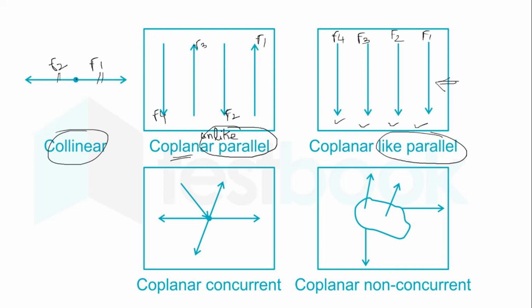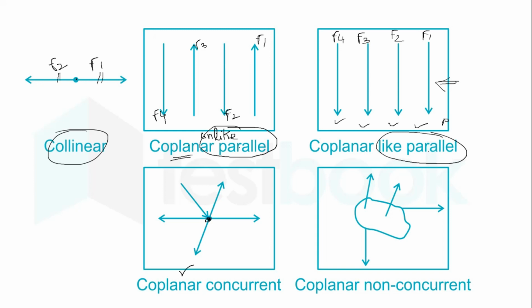Coplanar unlike parallel forces means all the forces act in the same plane, parallel but in opposite directions. Coplanar like parallel forces means all four forces act in the same plane, parallel, and the direction is the same.